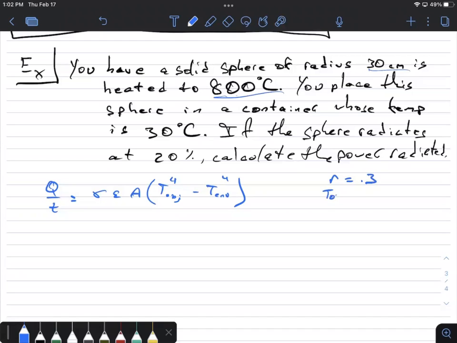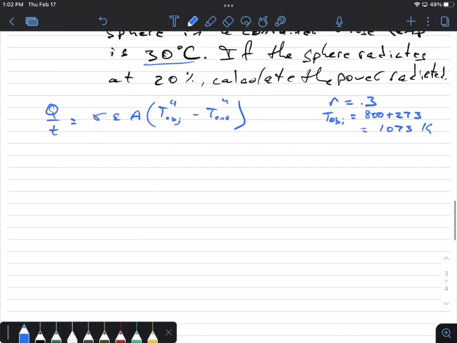So the temperature of the object should be the Celsius temperature plus 273, which is 1073 Kelvin. Okay. The temperature of the environment, also Celsius, that's bad. So I have to convert it. Temperature of the environment is 30 plus 273, which is 303 Kelvin.